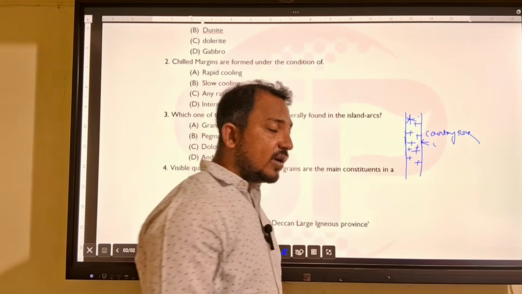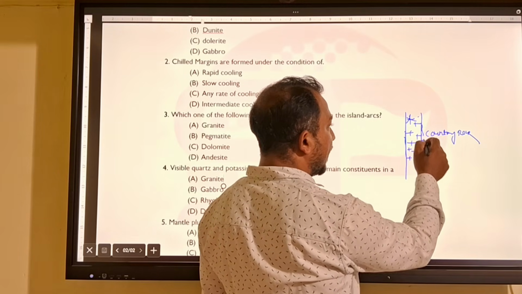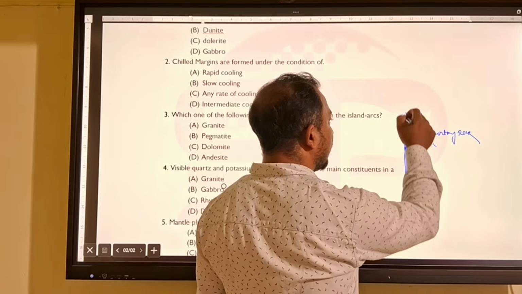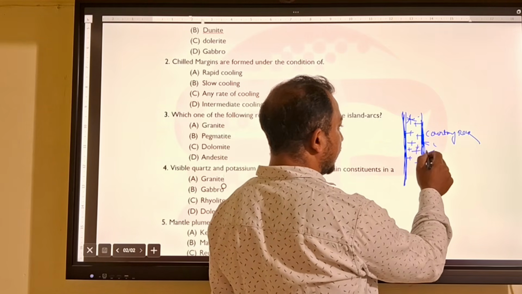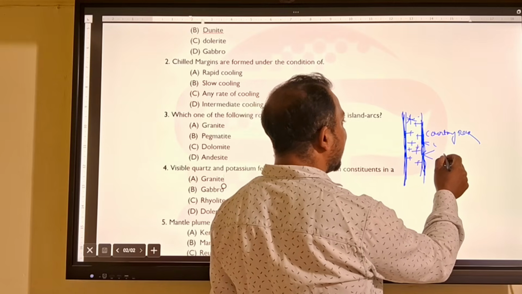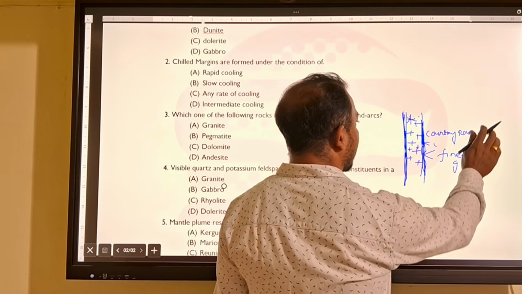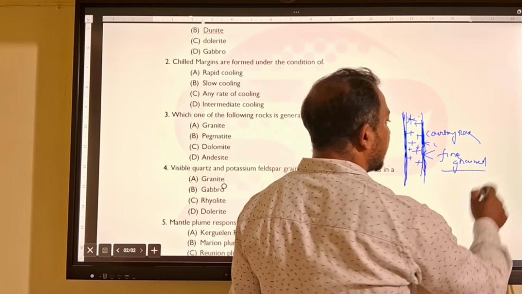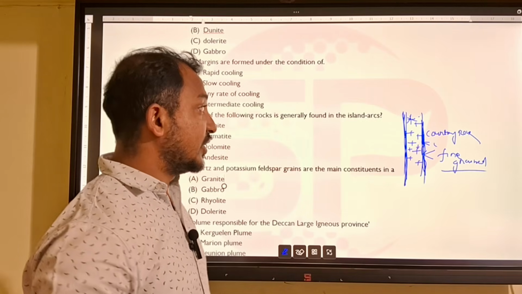So the country rock is cooler, this is hotter. The contact point will rapidly cool. This is called your chilled margin, and it is often indicated by fine grained rock, because rapid cooling always produces fine grained rock that doesn't have sufficient time to grow larger crystals.